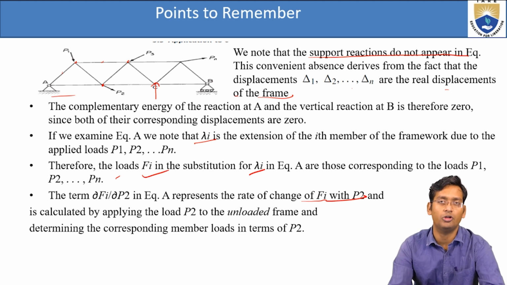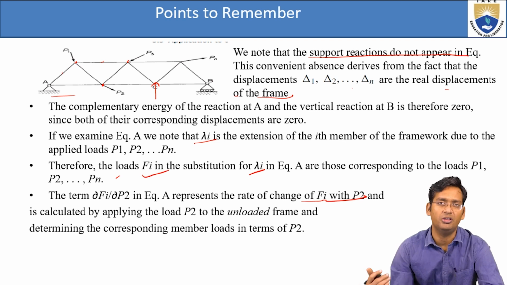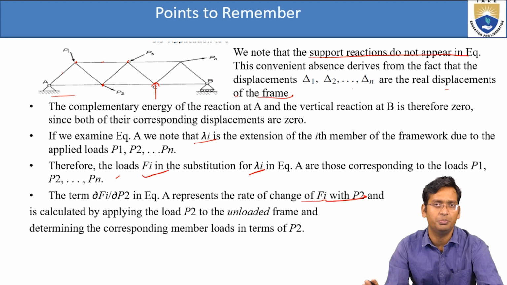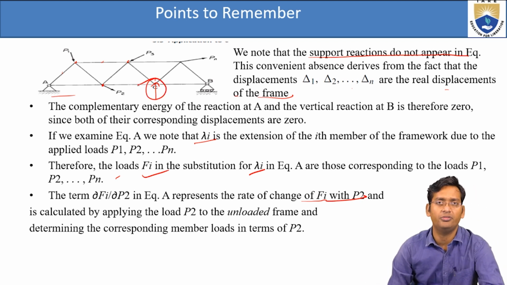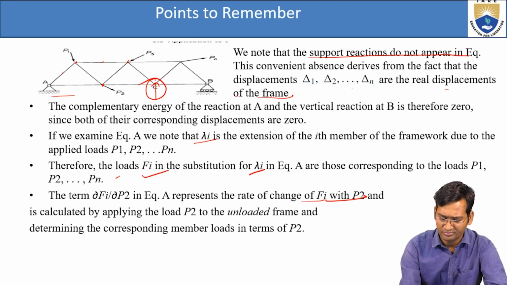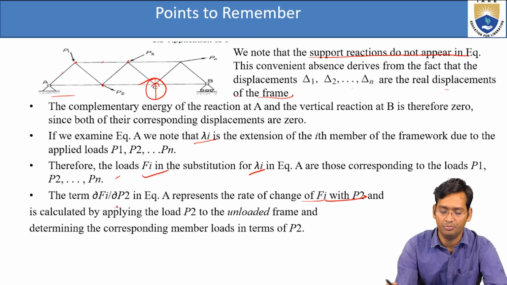If you are applying a virtual load at point C as PC, then you have to differentiate with respect to PC. If you are applying P1 at C, then you differentiate with P1. Whatever virtual load you apply, you have to differentiate with that one. Here, because we are taking it as 2, it is P2.